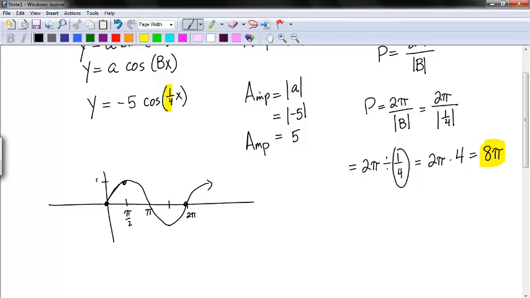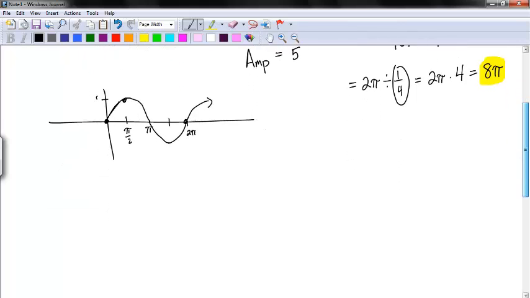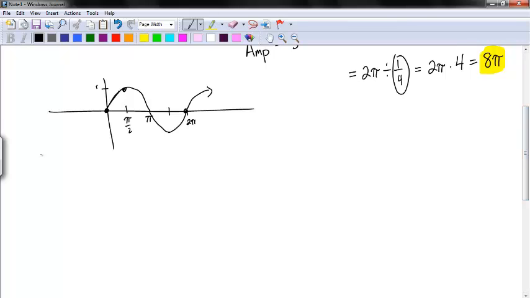Today we're going to do phase shift and vertical shift. So two more variables they're going to put in on the equation. And we're still going to do just sine and cosine. So if I do y equals a sine, now on this, you actually have to factor the b out, and then x plus c in parentheses, and then plus d.